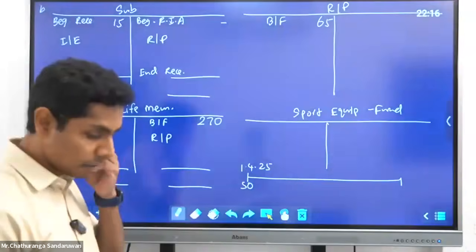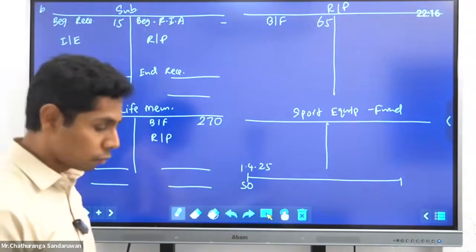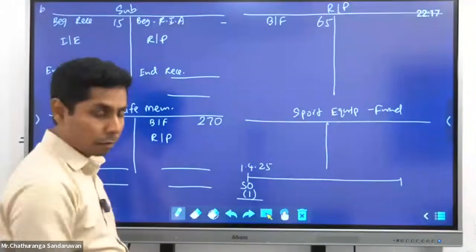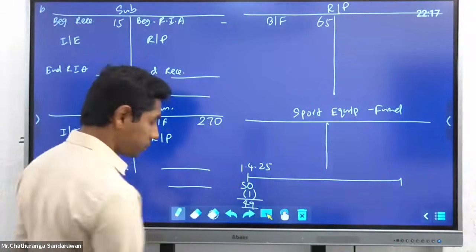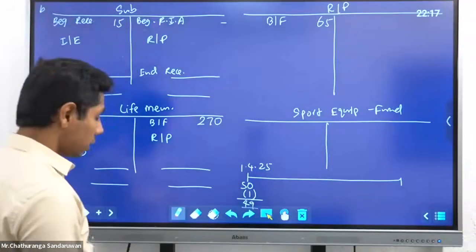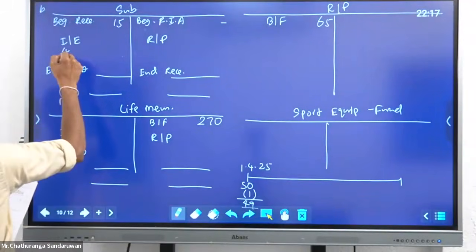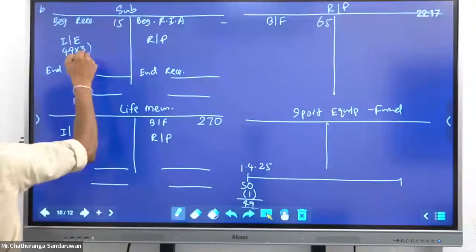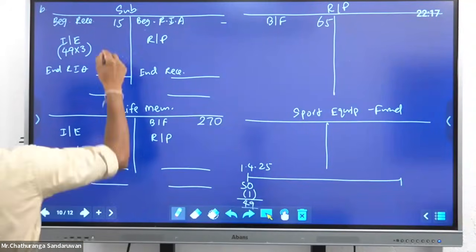One member whose subscription was outstanding as at 1st April 2025 resigned from the club on 1st April 2025. So from this date, he is not there. So from the beginning of the year, there were 49 members, right? No additions. Therefore, we can find the income. 49 into 3,000 per member. So that is 49 into 3, 147.